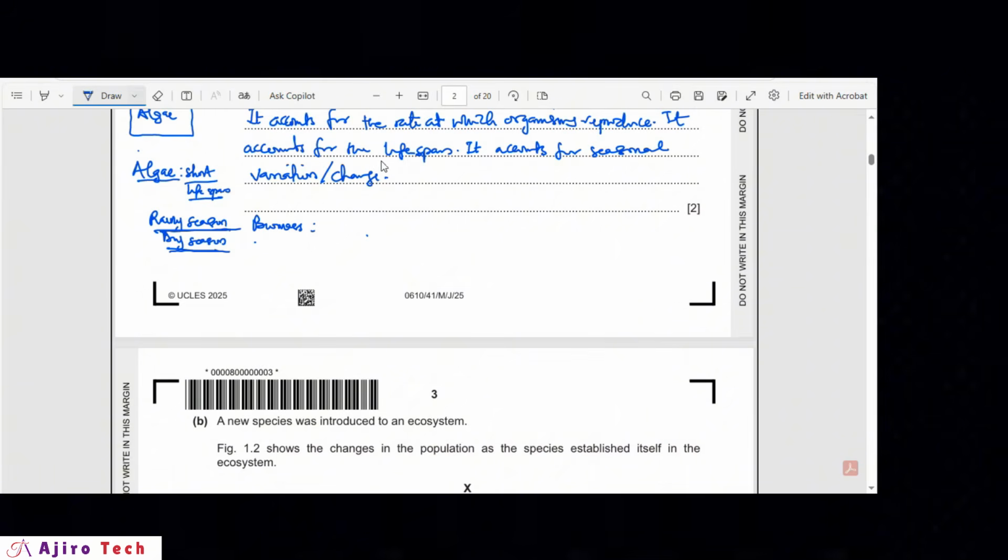Also, we can see that it accounts for the composition. It accounts for the what? The composition of the body of organisms. That is what organisms are made of.